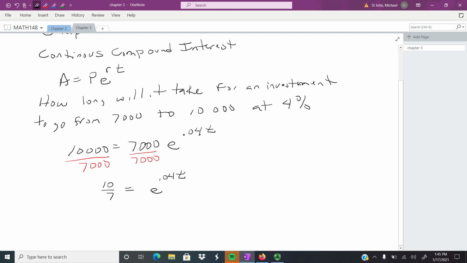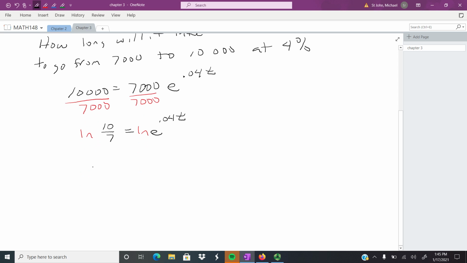e to the 0.04t. And then the opposite of e is natural log, so we'll do the natural log of both sides. And so we get the natural log of 10 over 7 is going to equal 0.04t.